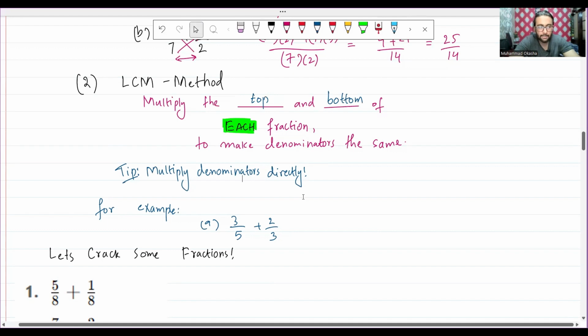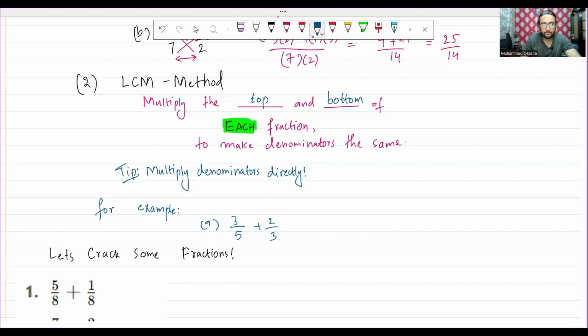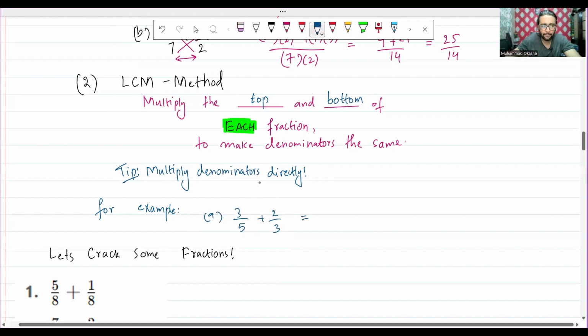For example, let's take an example. So take a look at this. 2 times 3. I want same denominators. That's my requirement for addition. Okay, so what would I do? If I play clever, what is the smallest number that I can make in the denominator?